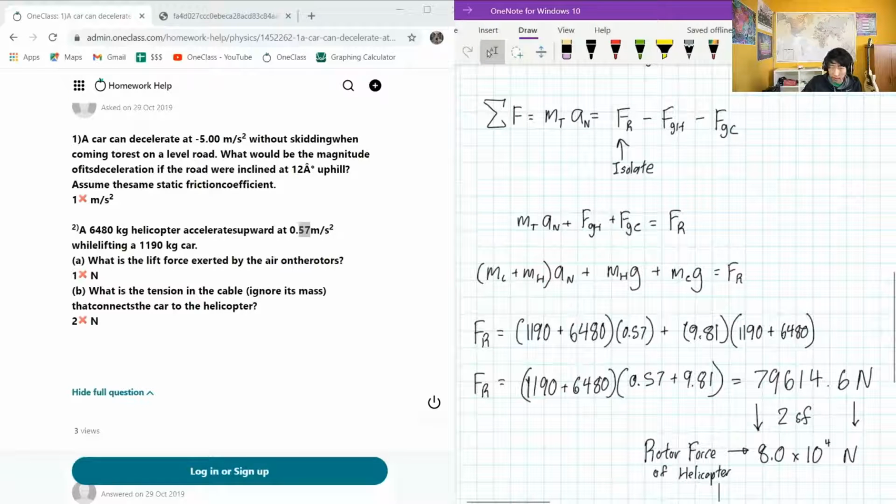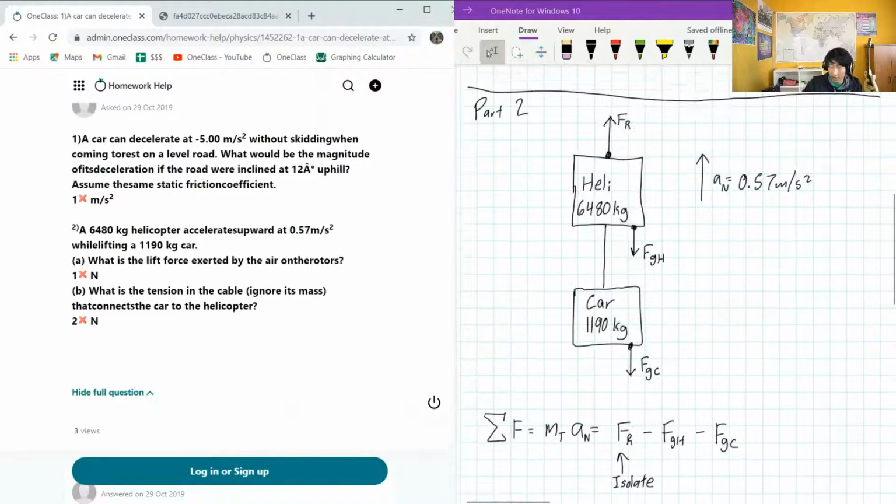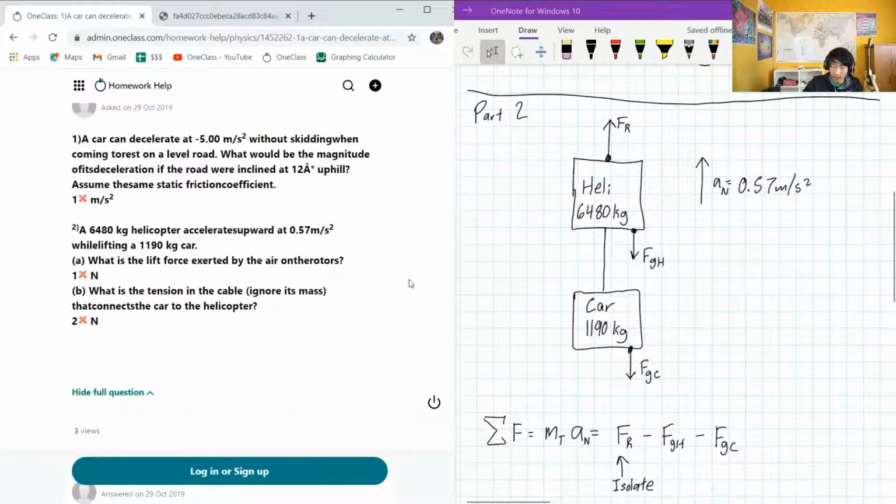Okay, so that was the first part of the question: what is the lift force from the rotors? We got that calculation. The next thing we need to consider is the tension in the cable, assuming that the cable itself has no mass, which is almost never true, but we can assume that. To do this, we want to look at the car on its own. So here we have the car.